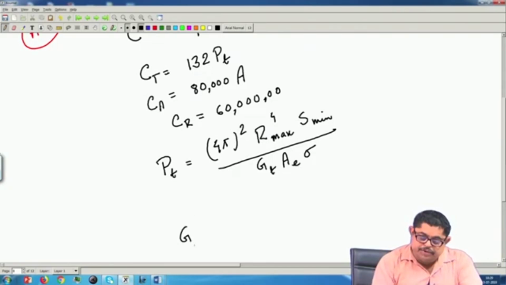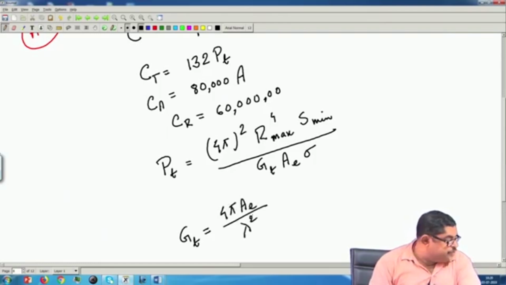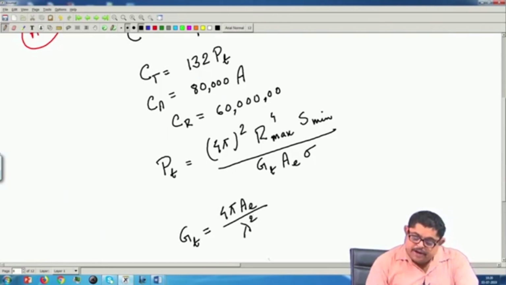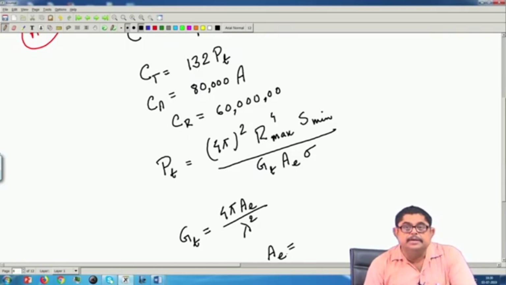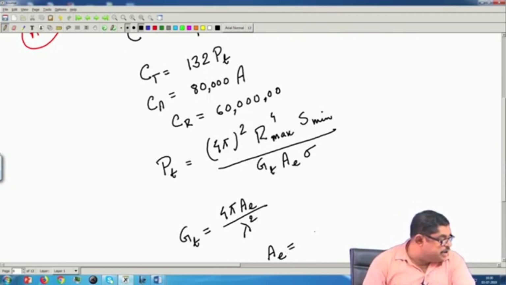So, we know GT can be converted to area, effective area of the antenna by this formula 4 pi AE by lambda square. So, that will do, and also we know what is the connection between effective area or electrical area of the receiving antenna and the physical area.